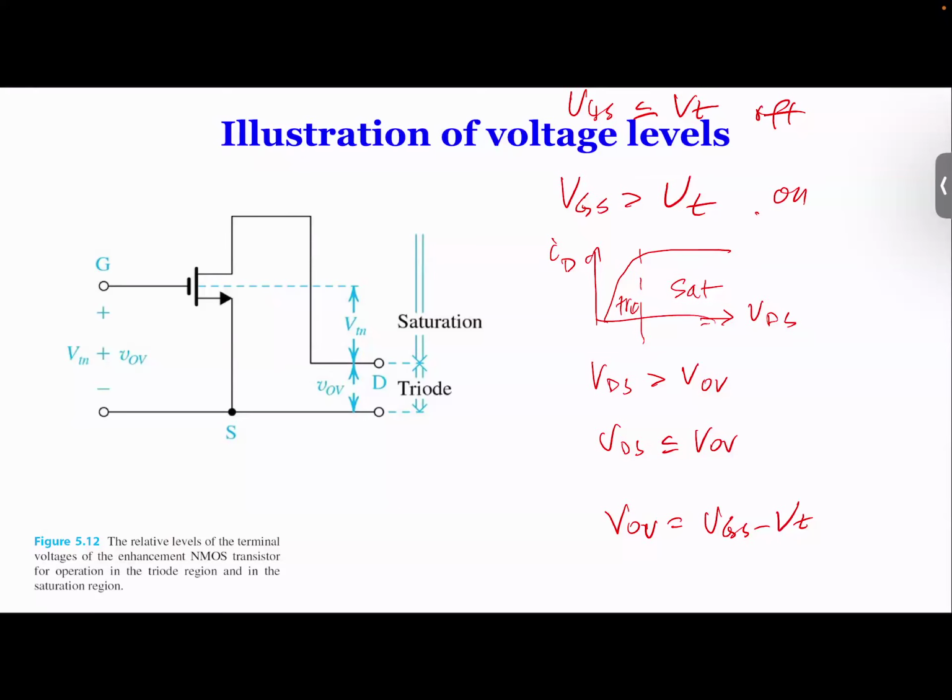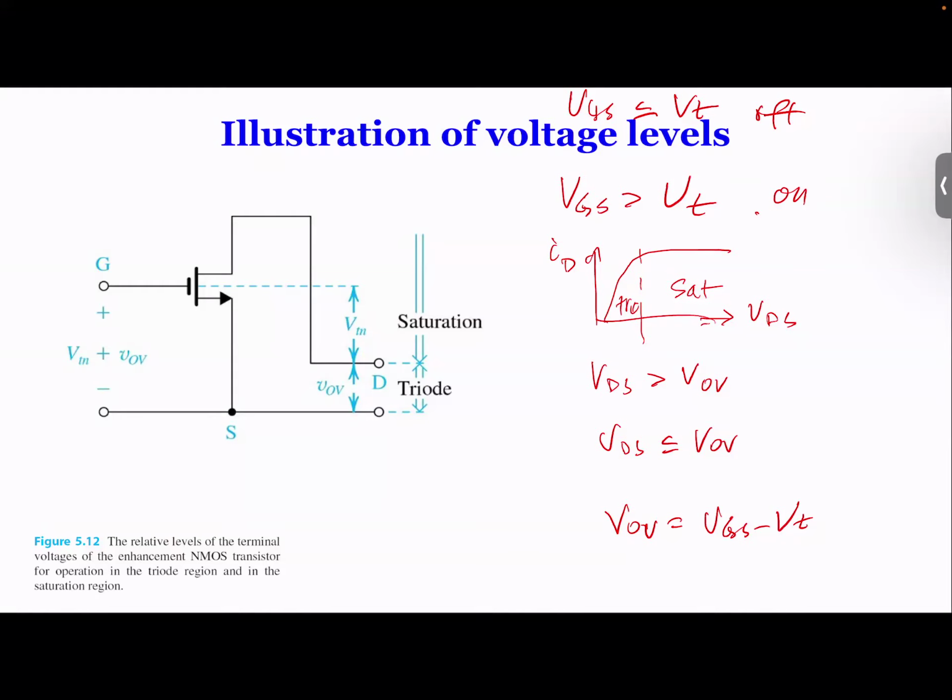You see, this figure does not actually have any physical meaning. It's just an illustration saying how much voltage you have to apply in order to have current. First of all, VGS has to be larger than VT, and how much larger is the VOV. So this VOV determines it, but then you have VDS.